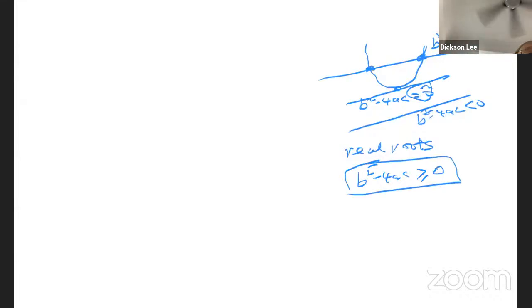We can't say real and equal. This is real and equal. This is real and distinct. But if it's only real, that means you combine these 2 together. So it's b squared minus 4ac more than or equal to 0. This is sometimes asked. You must put equal. If you don't put equal, then you lose marks.